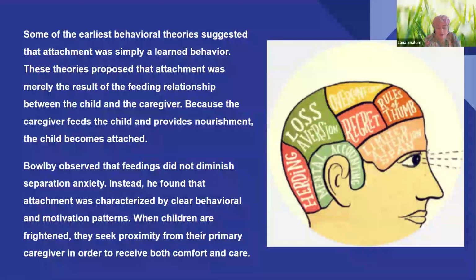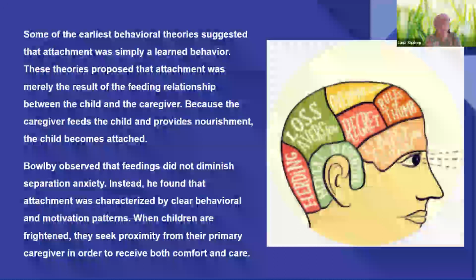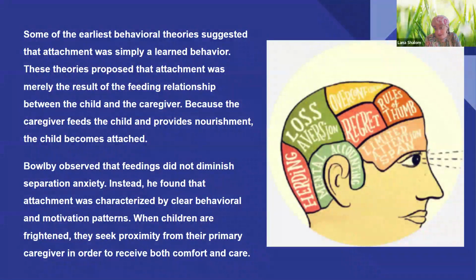They seek proximity, they seek care, love, nurturing from their primary caregivers in order to receive both comfort and care. This is the reason why Eric Berne said that adults would regress to their child state, feeling like a child, or their parent state, feeling the need to connect to the parent. And if the parent is not available physically, then they will actually act out as if they're parents, okay?